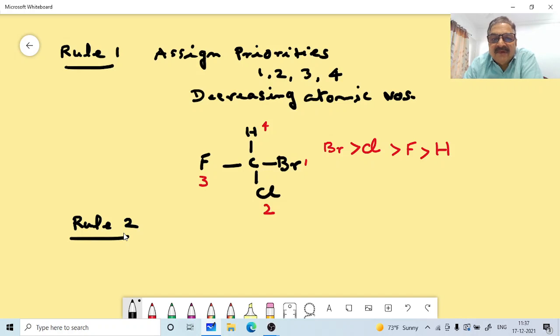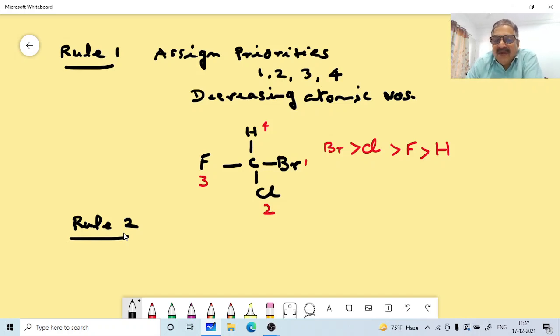Suppose in the stereogenic center carbon, 2 atoms on the stereogenic center are the same, correct? Then priority should be based not on the atomic number of those atoms, but on the atomic number of the atoms bonded to those atoms.